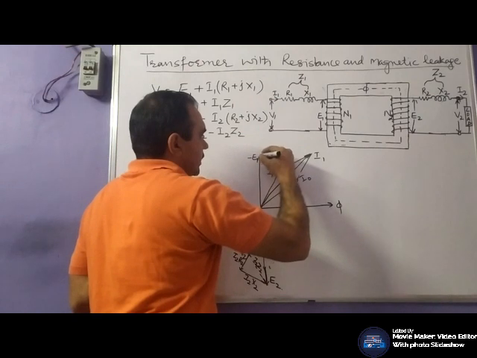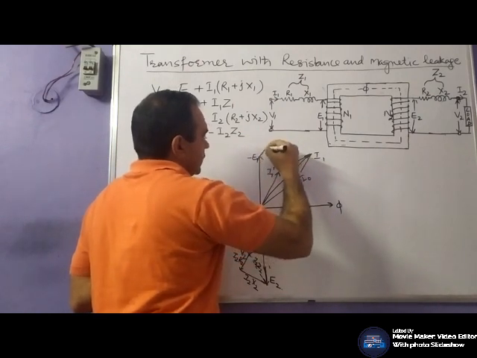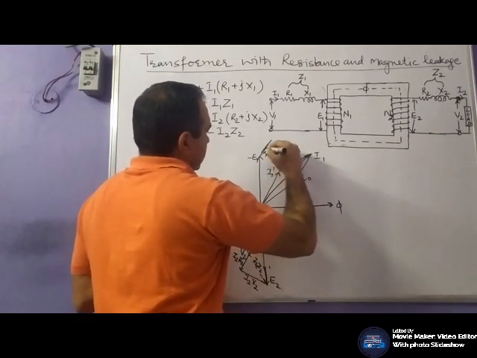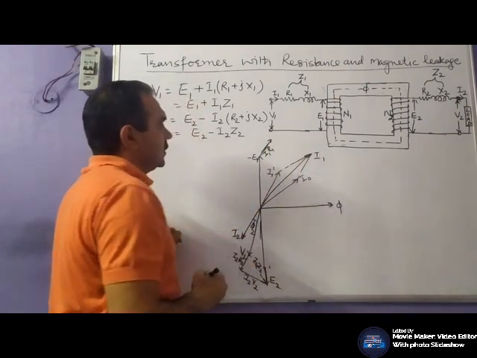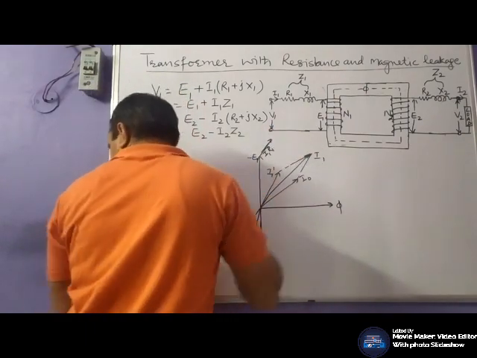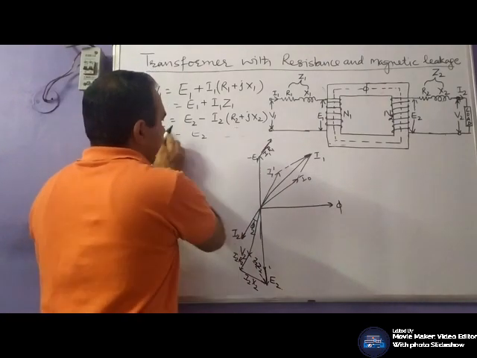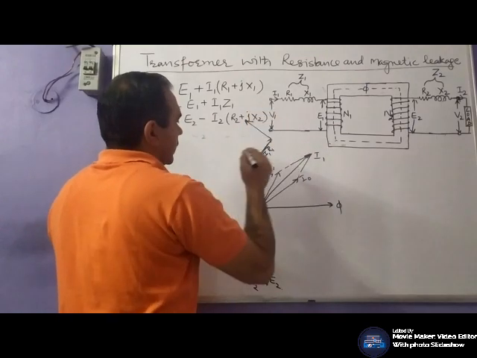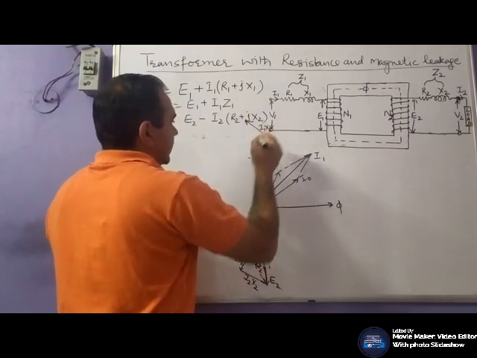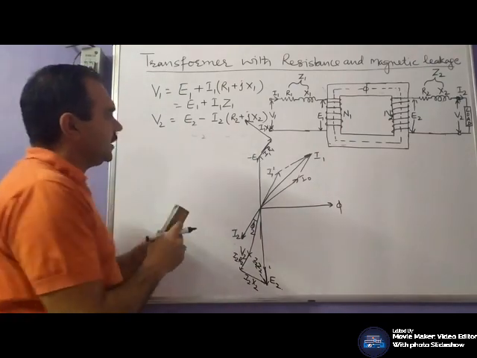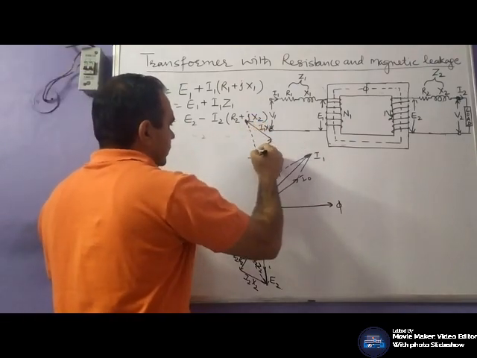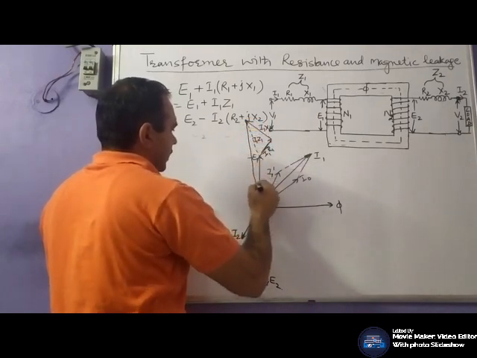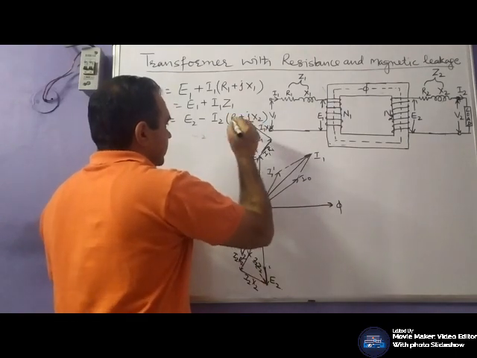So this drop will be indicated parallel to this I1 R1, and I1 X1 is having a phase angle of 90 degrees. This will be your I1 Z1, and this will be your voltage V1.